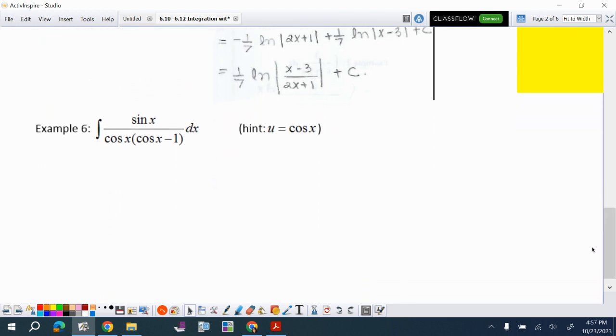Okay, so the last but not least here, u is cosine x. So what will be du? Negative sine of x dx. So if I simplify here, sine of x, cosine x is u, and u minus 1, and I should rewrite this as a negative 1 du.